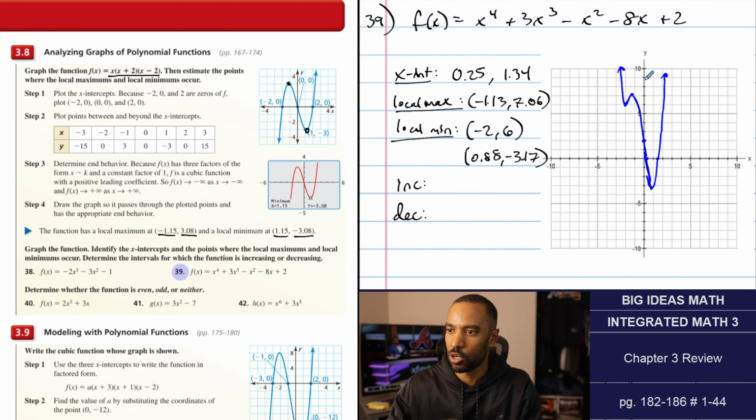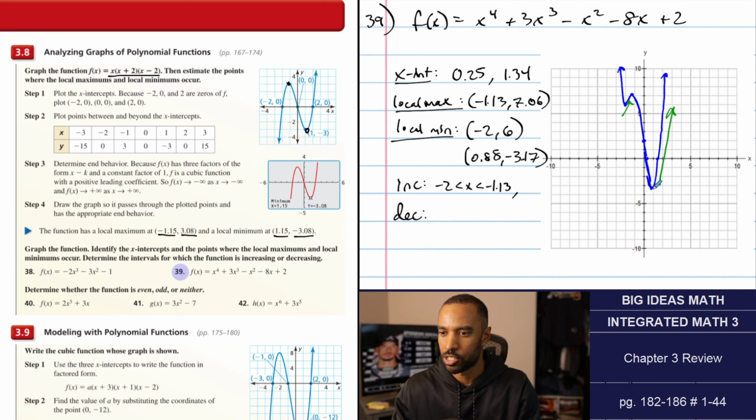All right, so increases and decreases. It has a couple of increases right here and here. It increases between this min and max, that's between -2 and -1.13. And then it increases again after this min right here at 0.88.